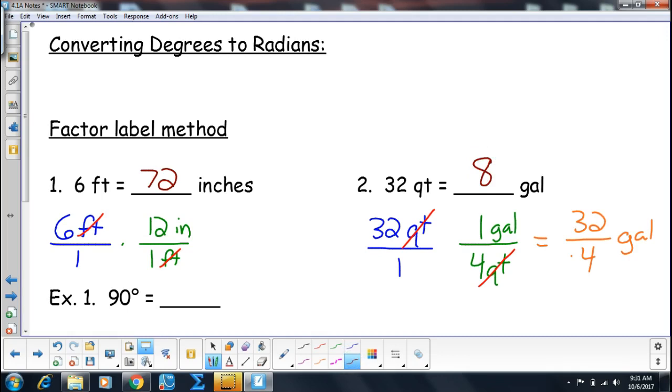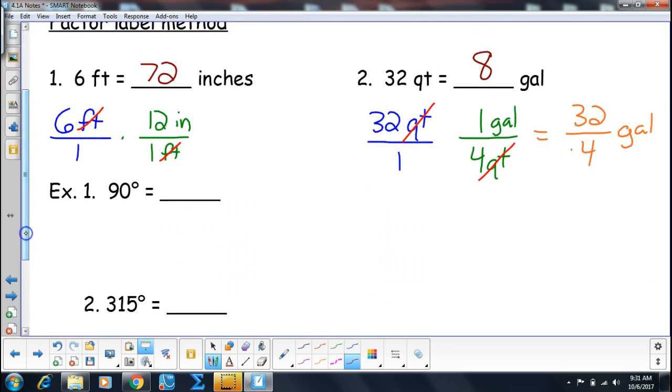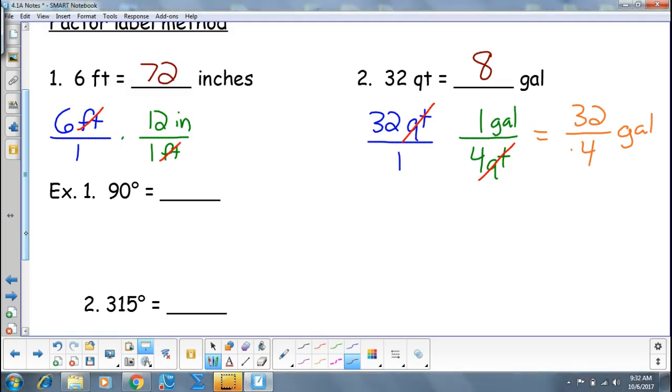That factor label method is going to be useful when we're converting between whatever it is we need to convert to. So, for instance, I want to convert 90 degrees into radians.